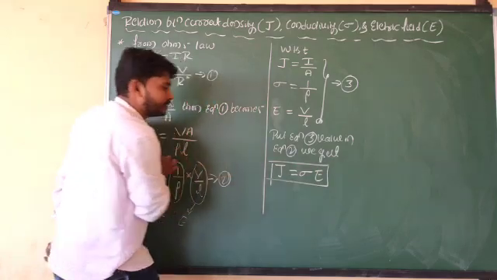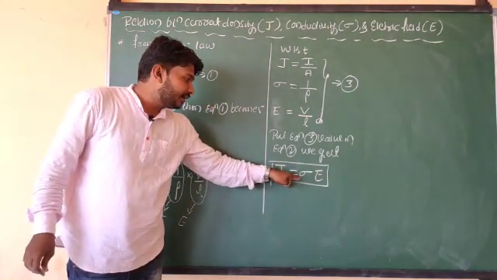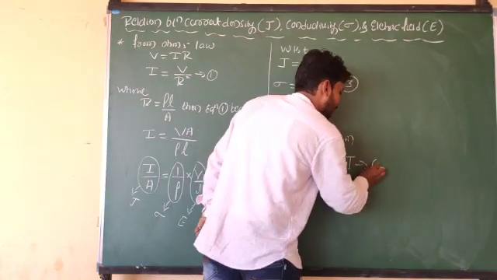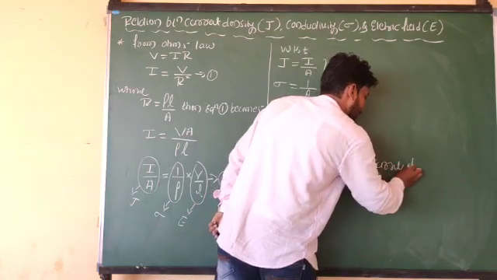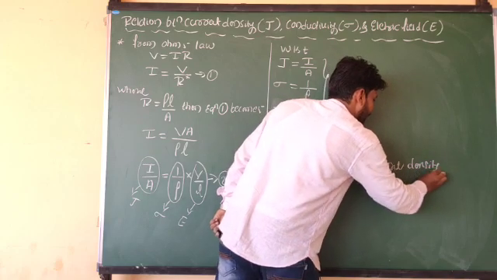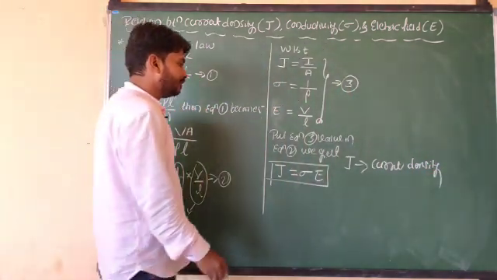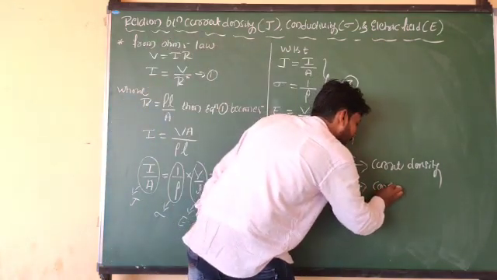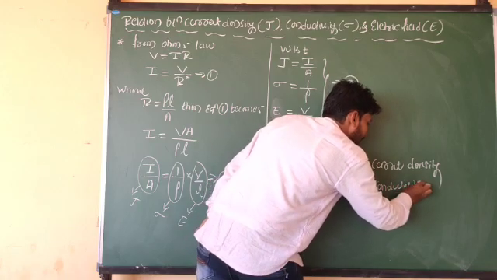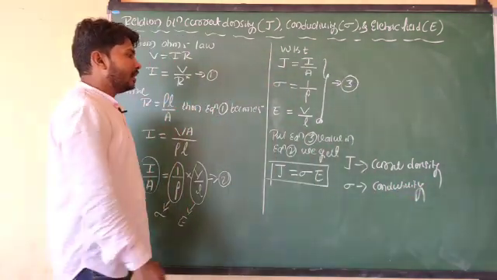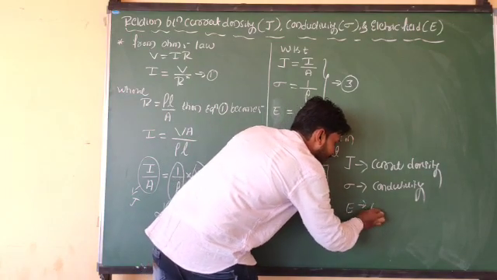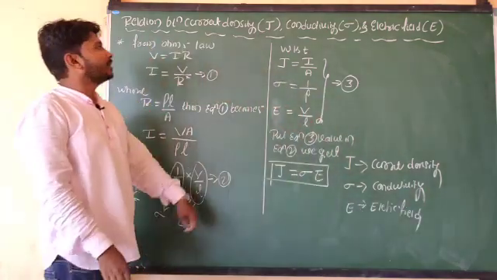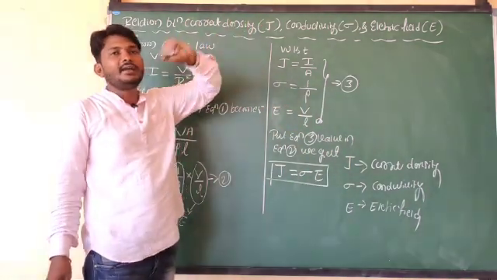So this is the relation between current density, conductivity and electric field, J equals sigma E. Here J represents current density, sigma represents conductivity, whereas E represents electric field.